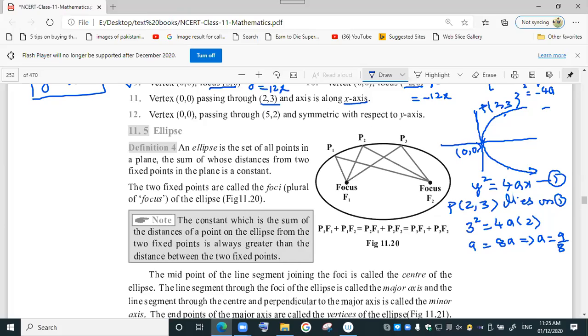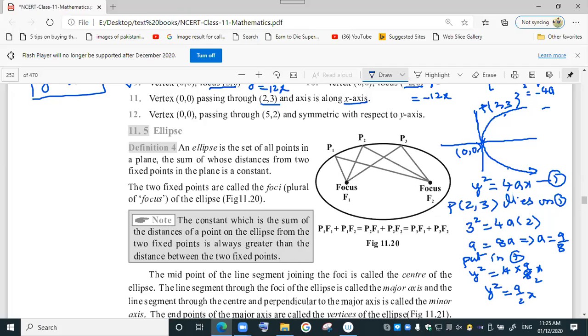Put it in equation one and get the equation of the parabola: y square is equal to 4 into 9 by 8 x. So 4 over 8, y square is equal to 9 by 2 x.